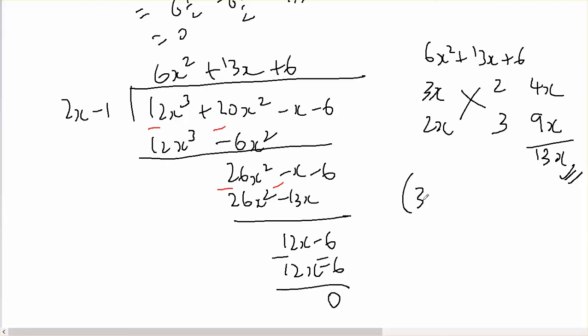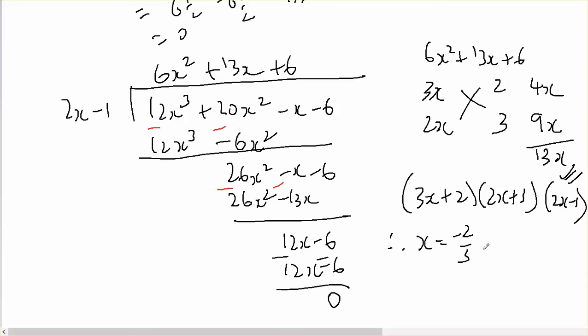So I've got 3x plus 2, 2x plus 3, and 2x minus 1, which means the solutions are x equals minus 2/3, minus 3 on 2, and a half.